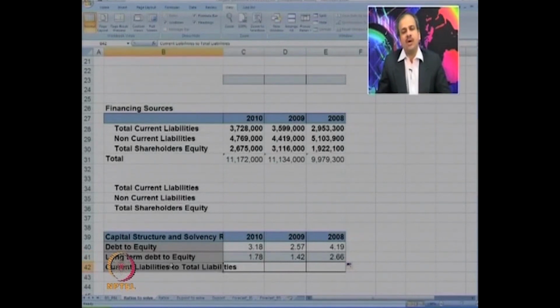One more ratio can be found where we will try to see the composition of liabilities, how the liabilities are composed. So we have current liabilities to total liabilities.